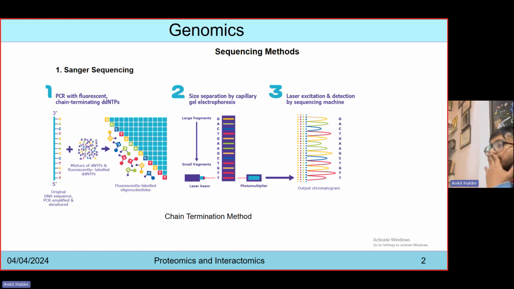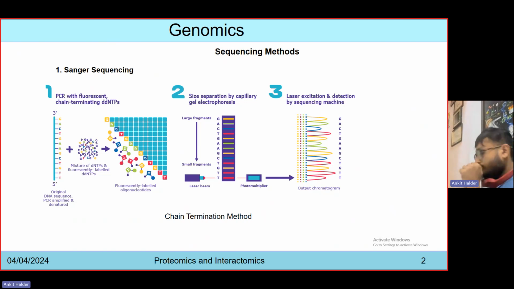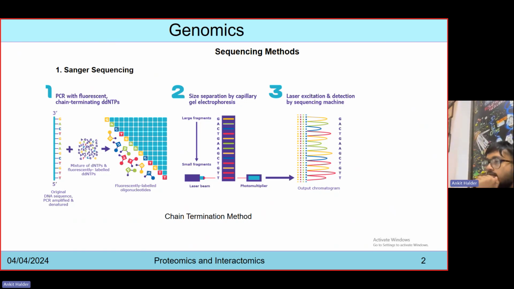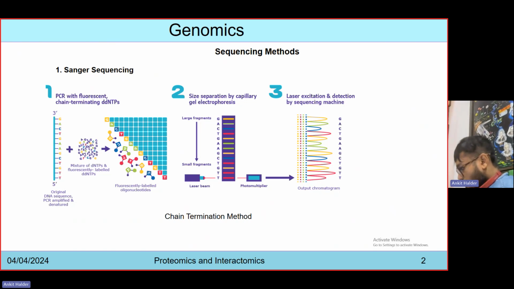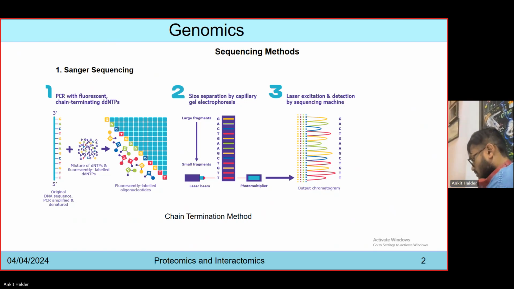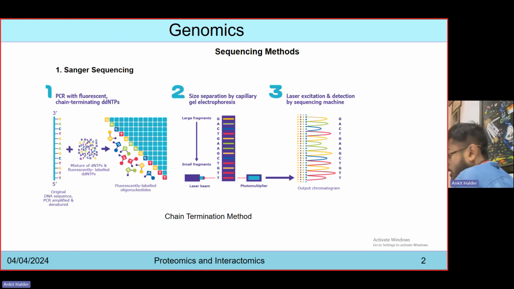The sequencing method which was very much used, the chemical based sequencing method, was the Sanger sequencing method. So what did the Sanger sequencing method do?